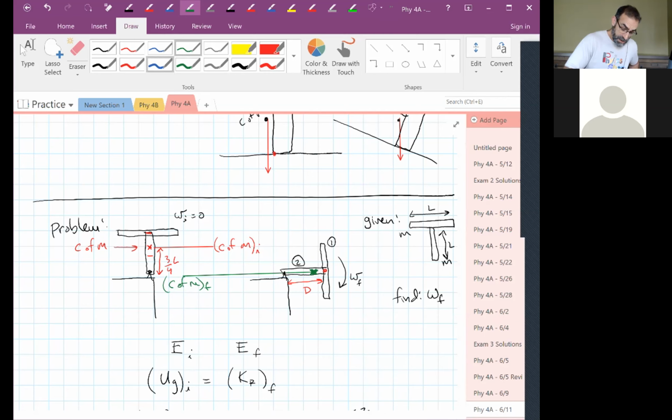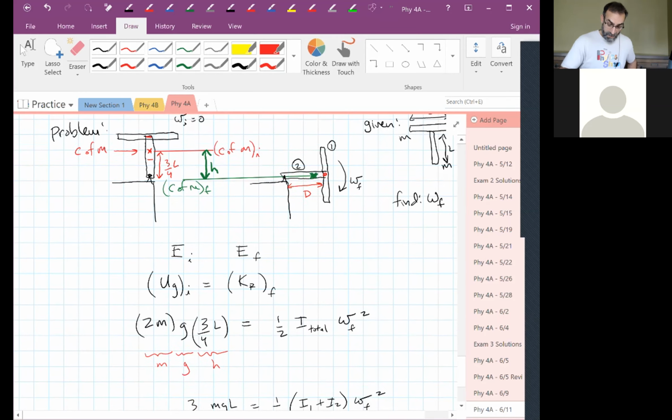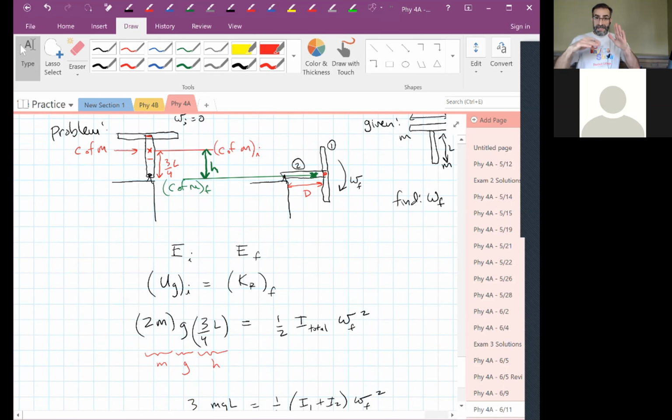So what is h? H is the distance between those two, right? You're finding out how much the center of mass drops in this problem.